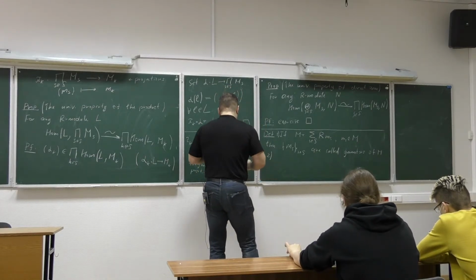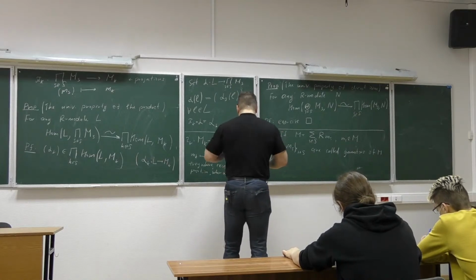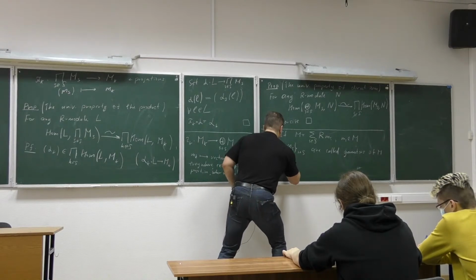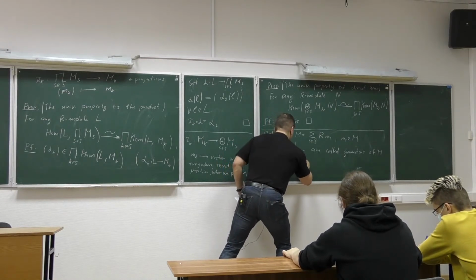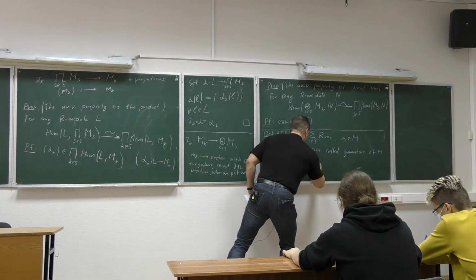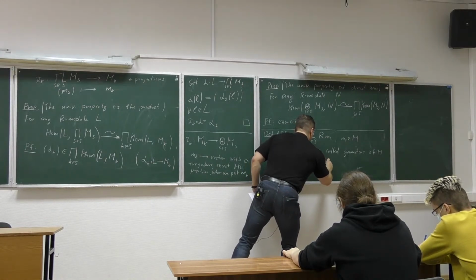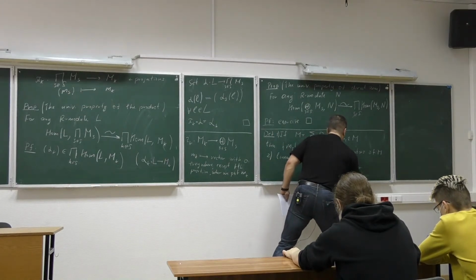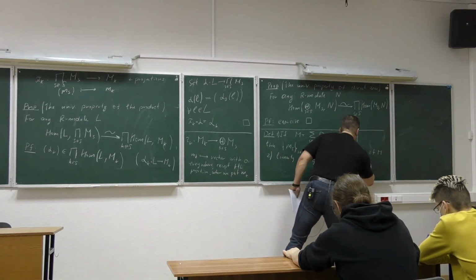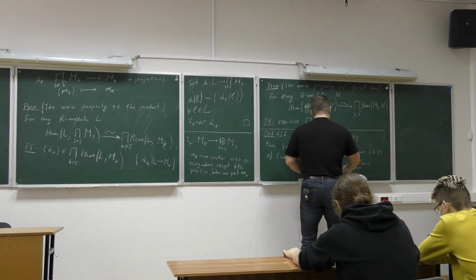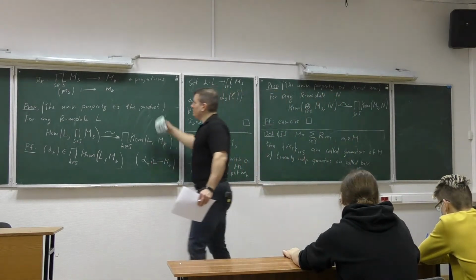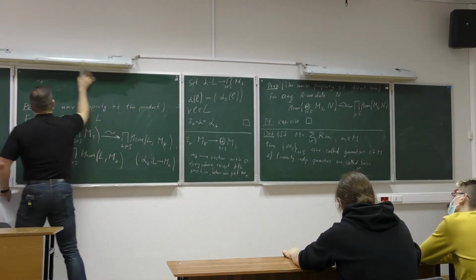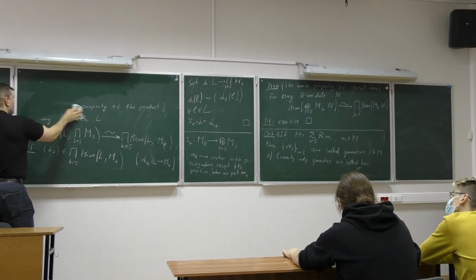Now, the second part of the definition is that linearly independent generators are called bases. By the way, give me an example of a module which is, say, generated by one element, and this element is not a basis.